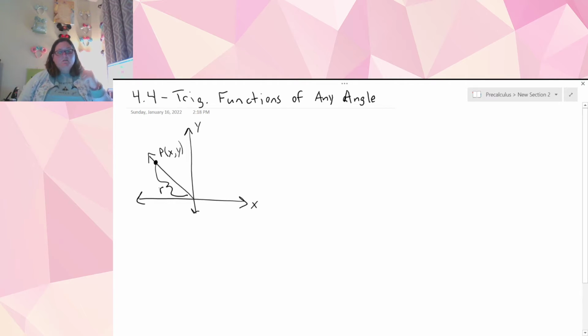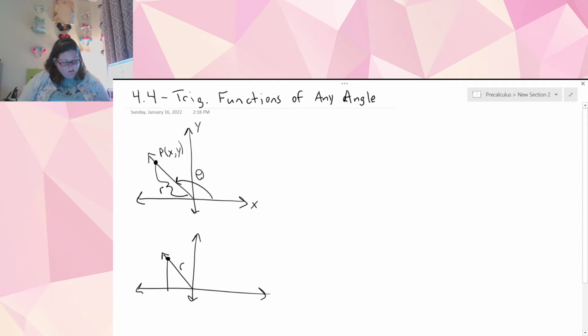Okay, so I can find the trig functions of that angle theta by using a right triangle that I form with the ordered pair. So let me draw another picture. So with that point and that radius, I can make a right triangle.